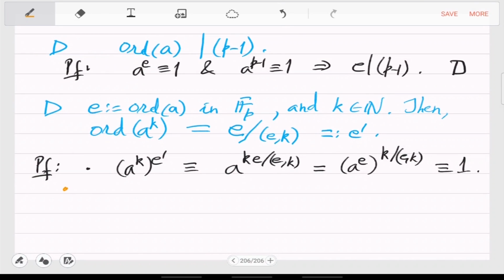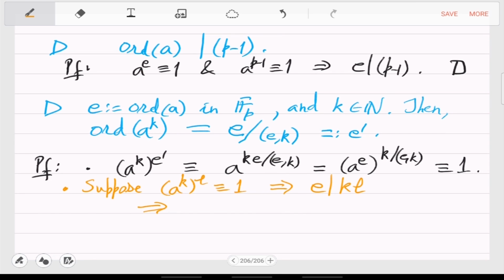So suppose a to the kl is 1. Now you have the property that if a to the something is 1, then the order divides it, right? So it means that e divides what? kl. If e divides kl, I want to remove k from this equation.